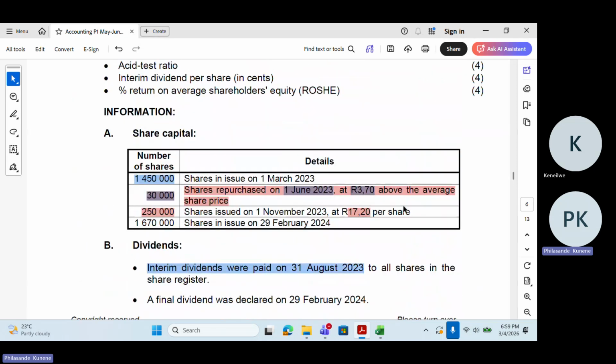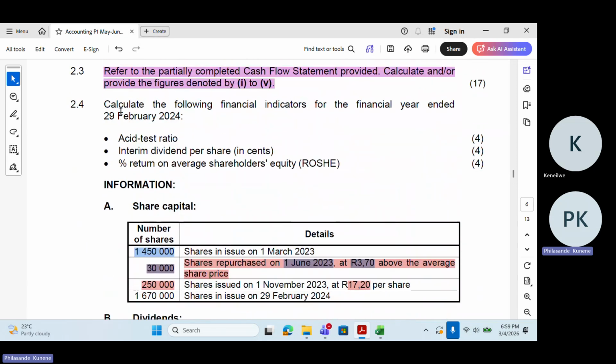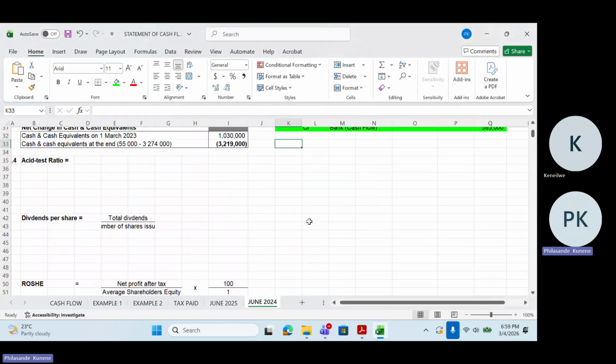The next question is to calculate the following financial indicators for the financial year ended 29 February 2024. What is the acid test ratio? Do you know the format for the acid test ratio?